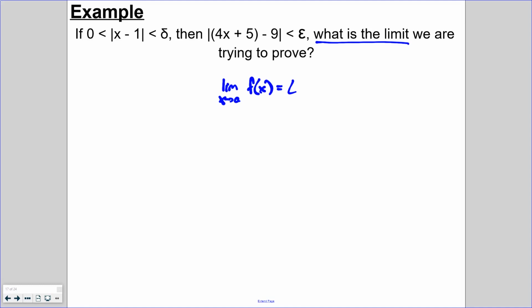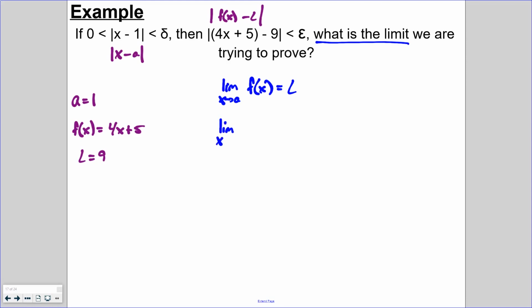We know that delta is linked with x minus a, and epsilon is linked with f of x minus L. So based on what we're given, we can see that a is going to be 1, f of x is going to be 4x plus 5, and L is going to be 9. So therefore, we can just substitute these into our limit. We're going to end up with the limit as x approaches 1 of 4x plus 5 is equal to 9. And that is the limit we are trying to prove using the precise definition of a limit.